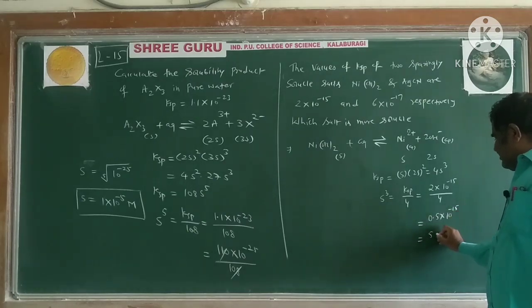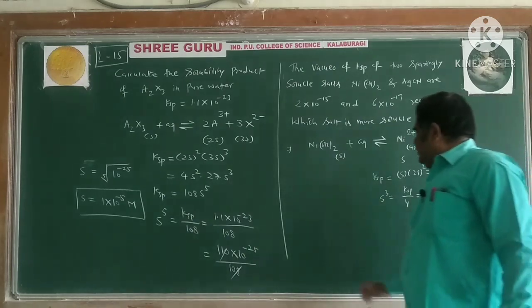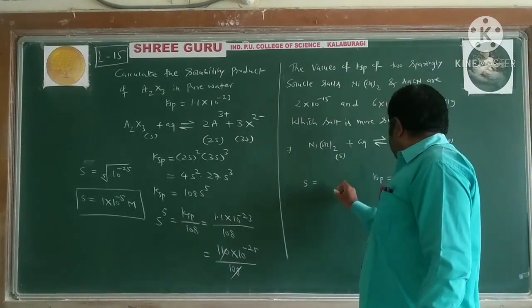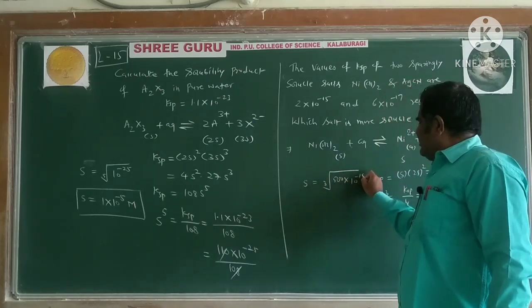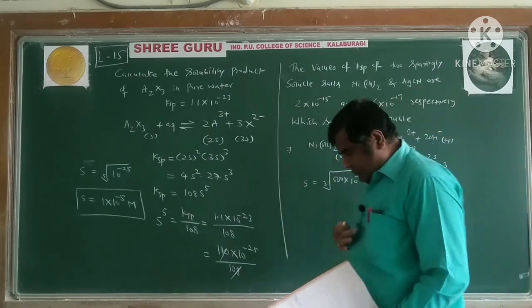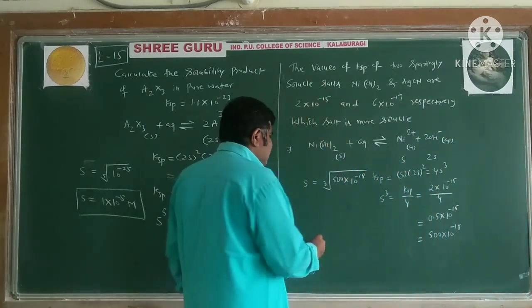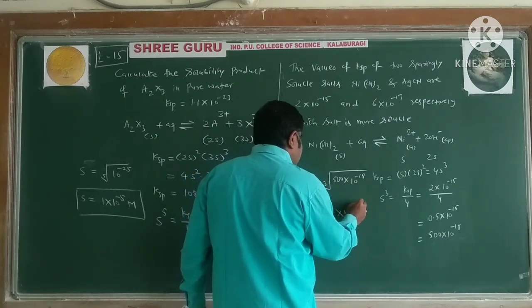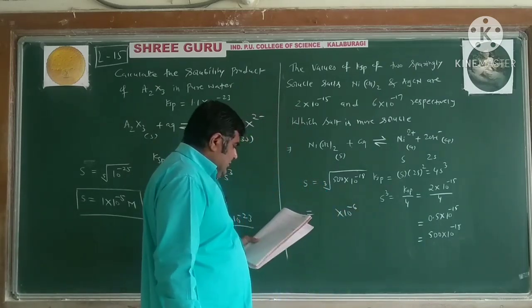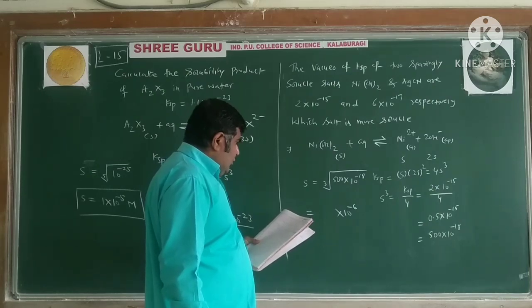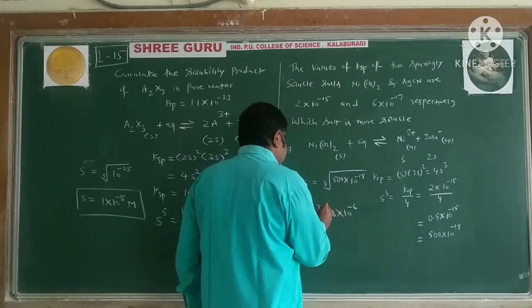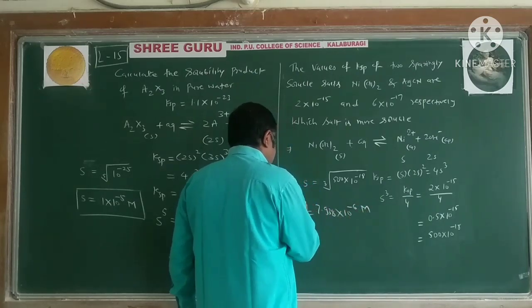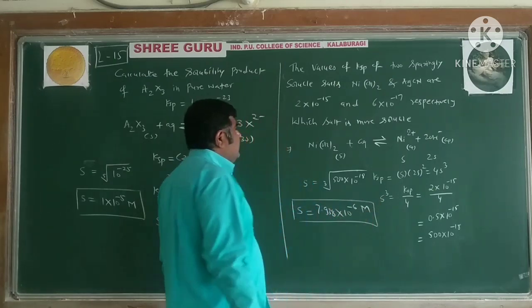So S is equal to cube root of 500 into 10 raised to minus 18. Now cube root of 10 raised to minus 18 is minus 6, and cube root of 500 is equal to 7.98. So this is for nickel hydroxide.